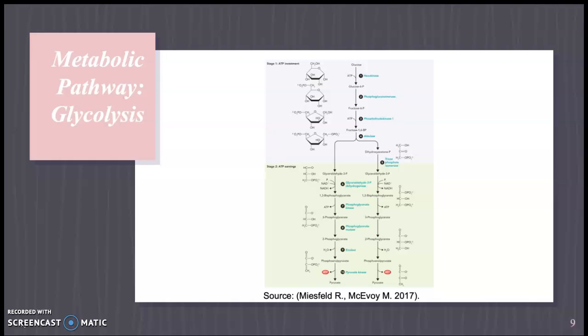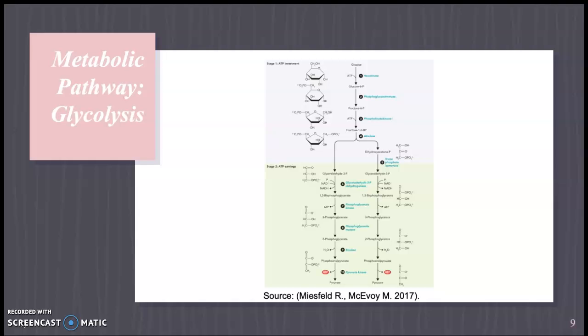In step 4, fructose 1,6-bisphosphate is converted to glyceraldehyde 3-phosphate, also known as GAP, and dihydroxyacetone phosphate, also known as DHAP, by the enzyme aldolase, and no ATP is used. Then in step 5, DHAP is converted into GAP using the enzyme triose phosphate isomerase, and no ATP is used.